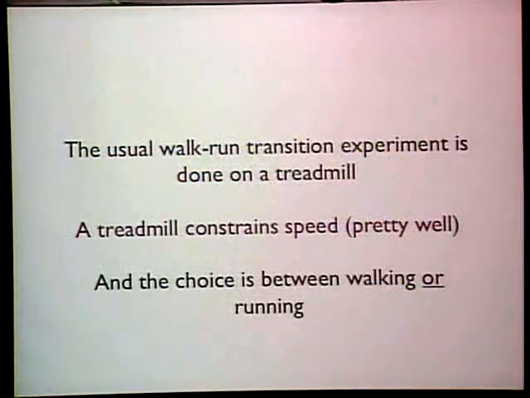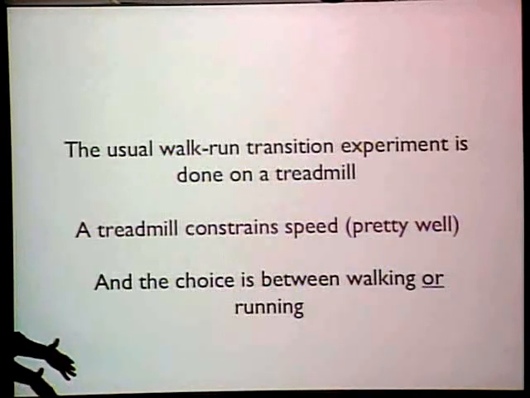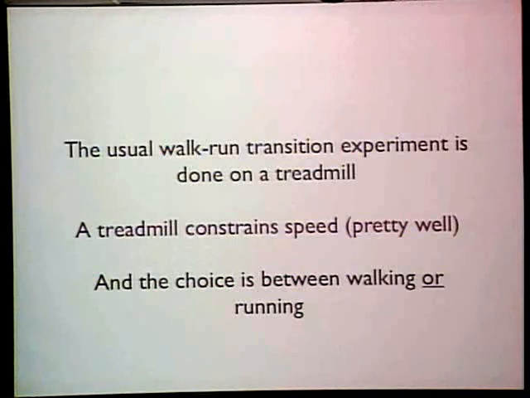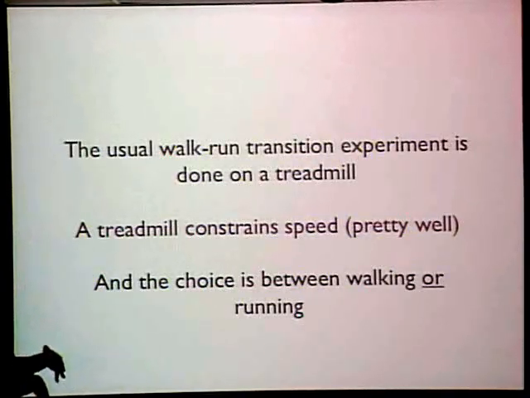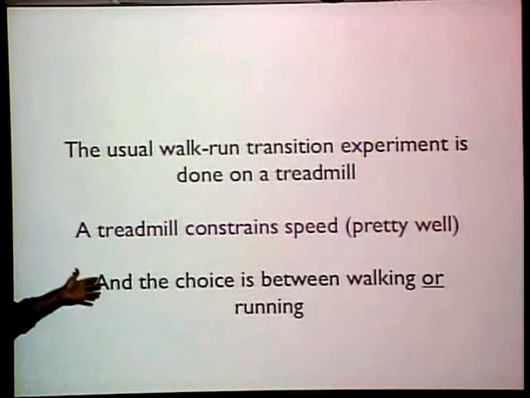And this is the experiment that we did. The usual gait transition experiment is done on a treadmill, and as you all know, a treadmill constrains speed. A treadmill has a relatively short length, so you cannot move forward or back all that much. So if the treadmill has a speed, you're pretty much stuck at that speed.